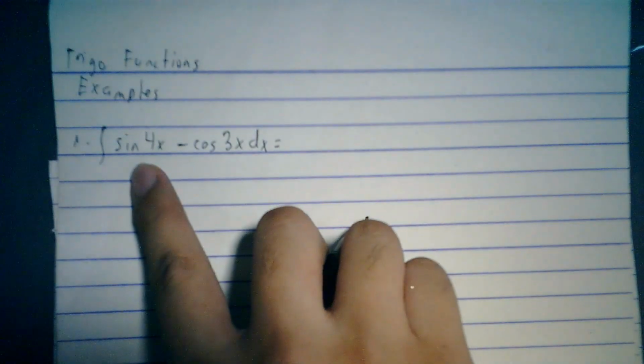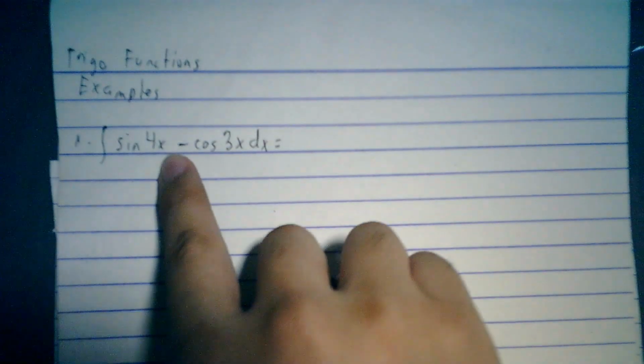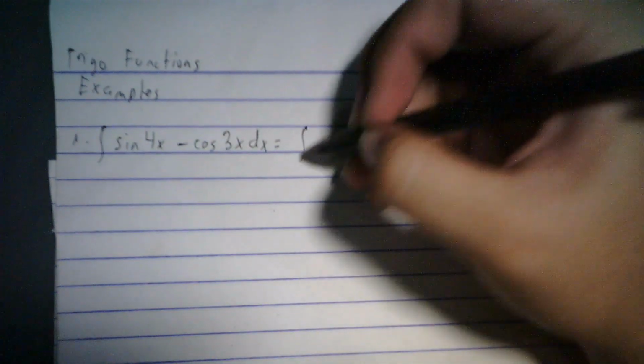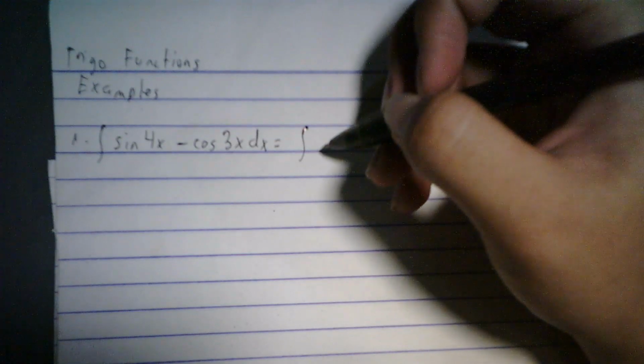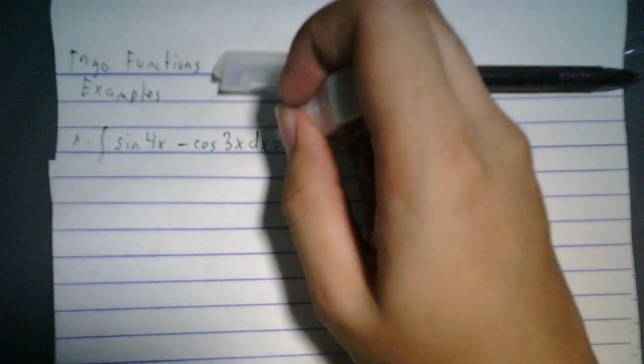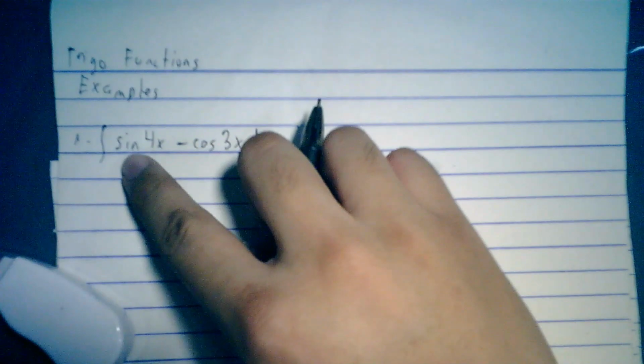So recall the formula for each function. The integral of sine 4x is equals to, remember guys, the integral of sine is negative cosine.